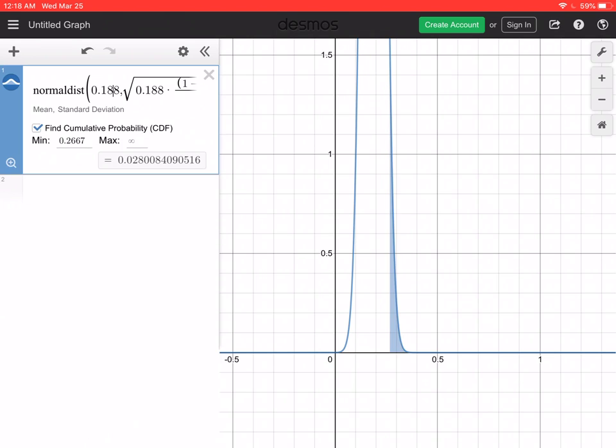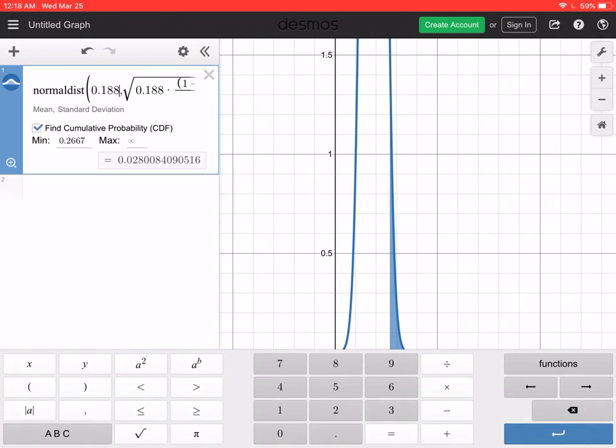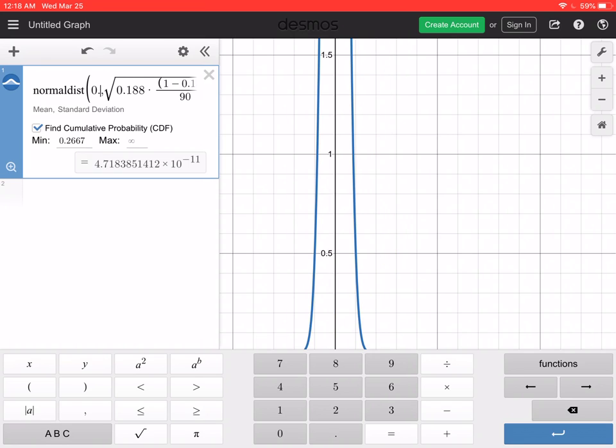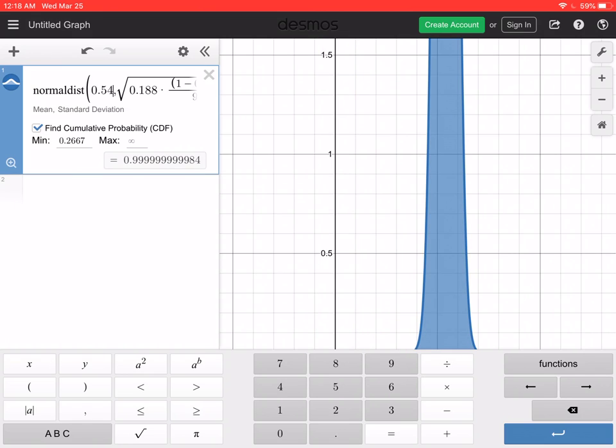Okay, so let's do that right here. So the mean is going to be 0.54.